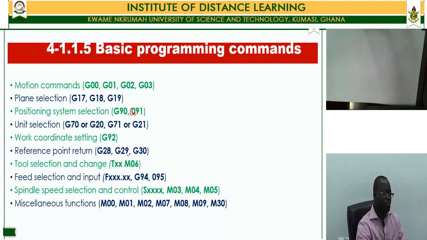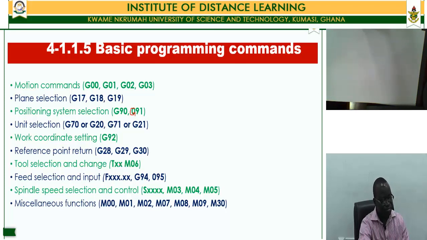So you can issue a command to say return to reference position. And once the tool change takes place, you issue a command that will move the tool from the reference position to the position where it was actually cutting the material. So we have return to reference and return from reference.